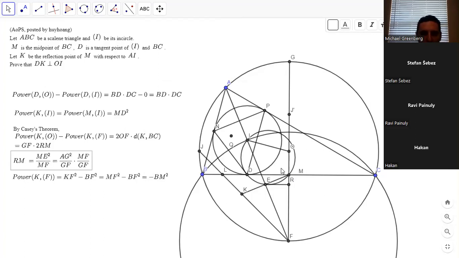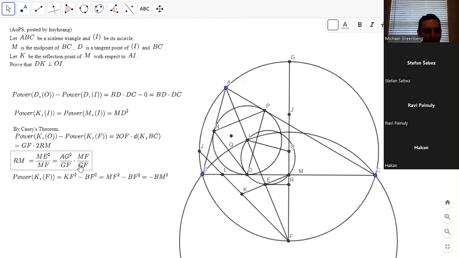Yeah, I think that's right. And then MF, but FM times FG is equal to BF squared. Yeah, what is tricky.